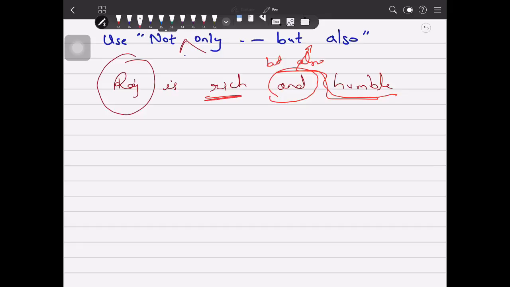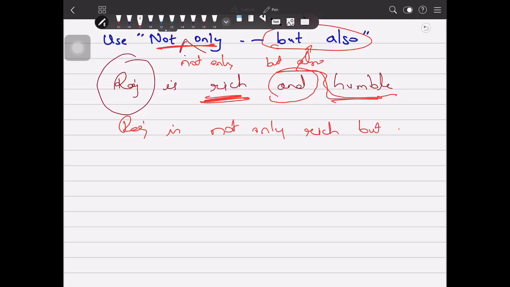Naturally for the first feature I'll give not only. So your answer becomes: Raj is not only rich but also humble. So this is how we do it.